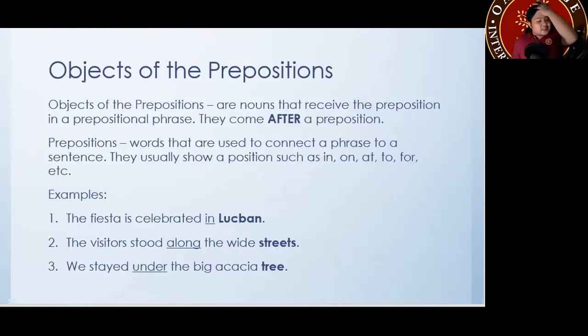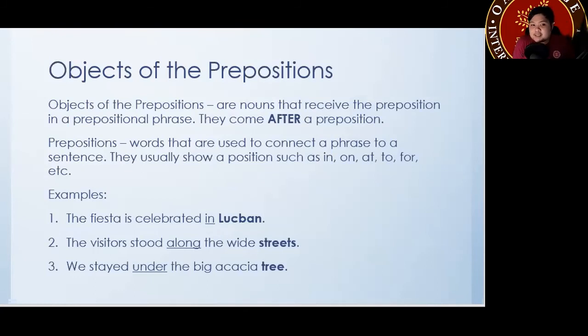Next, objects of the preposition. So objects of the preposition, this was the previous topic for those of you who were my students last school year. We've discussed this already last quarter, 4th quarter. But let's just have a quick refresher of what they are. Objects of the prepositions, they are the nouns that receive the preposition. They come after a preposition in a prepositional phrase.